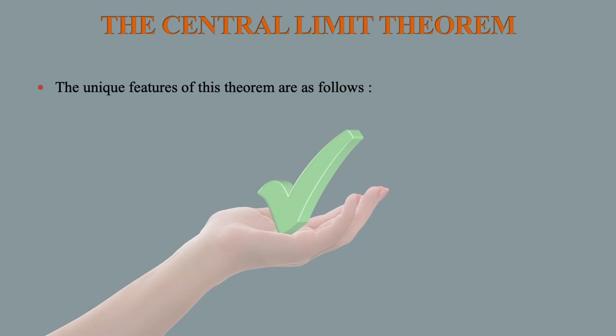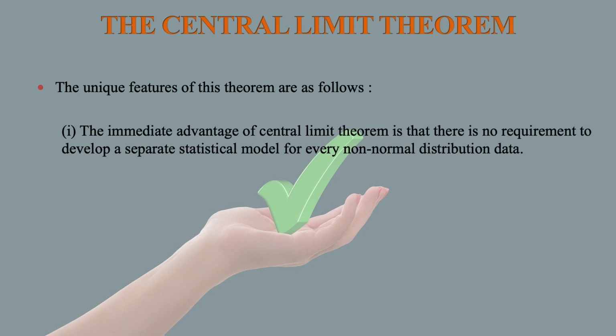Now let us discuss the central limit theorem. The unique features of this theorem are as follows. Number one, the immediate advantage of the central limit theorem is that there is no requirement to develop a separate statistical model for every non-normal distribution data.